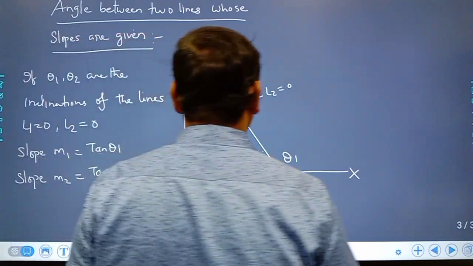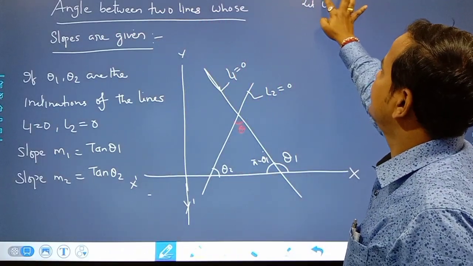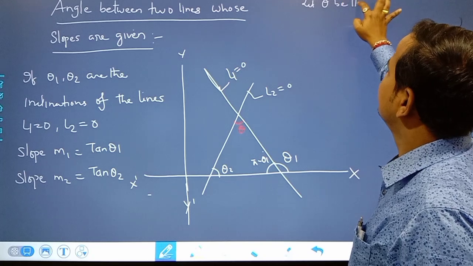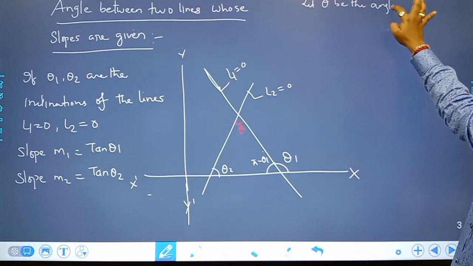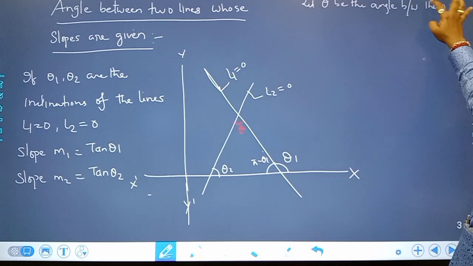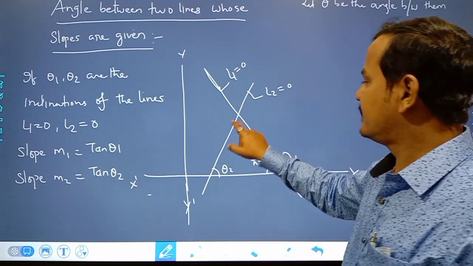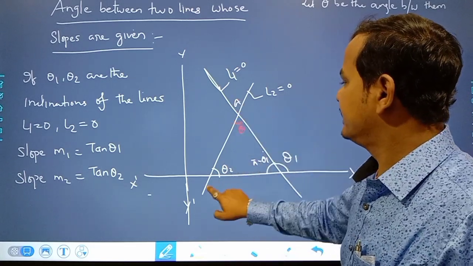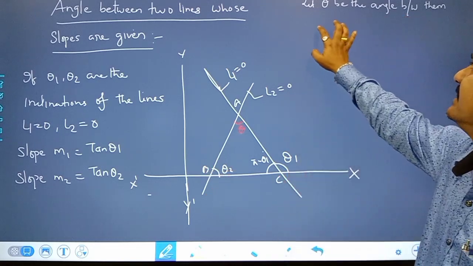Let theta be the angle between them. Suppose we take a triangle ABC.